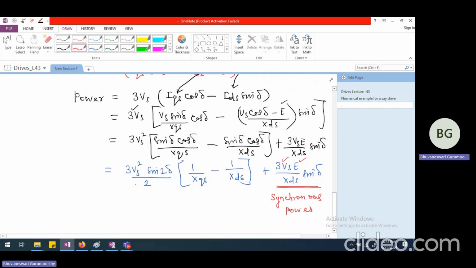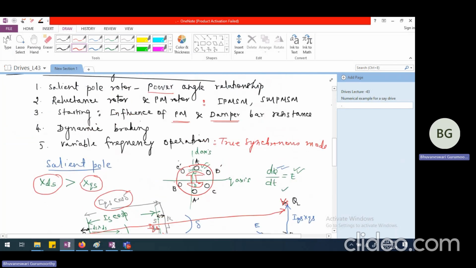Whereas in this particular portion, you don't have the field excitation at all. It is essentially due to the difference between the direct axis and quadrature axis reactances. So whenever the machine is running, the magnet is going to try to align itself in such a way that it is dragged along by the revolving magnetic field. The revolving magnetic field will be created because of the three-phase current carried by the three-phase space distributed winding.